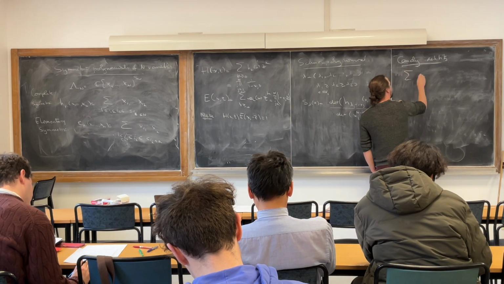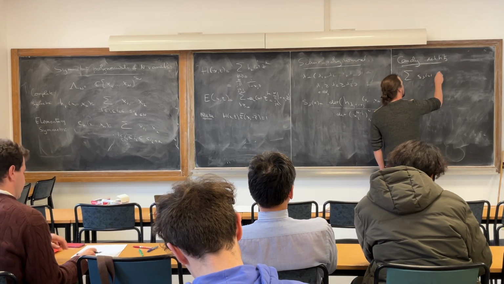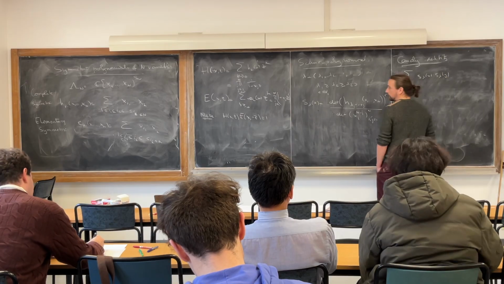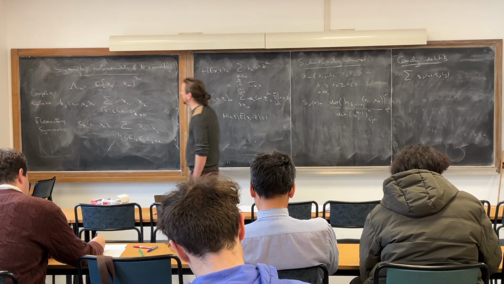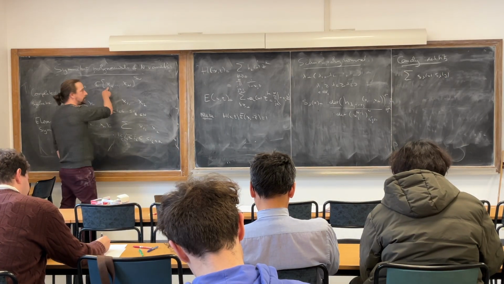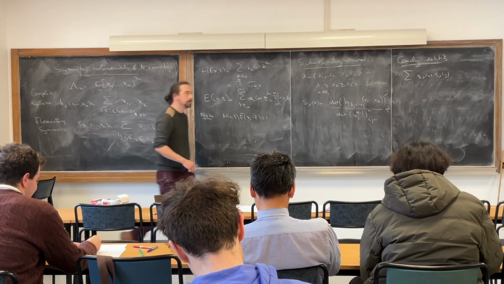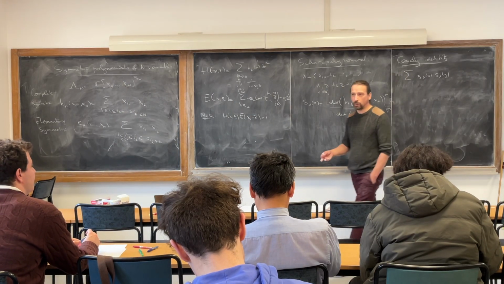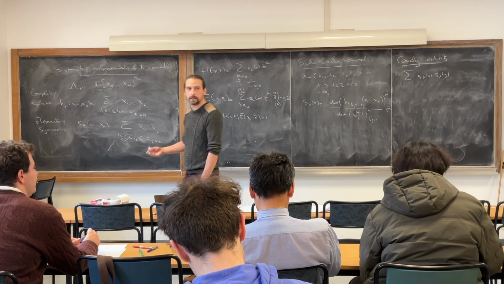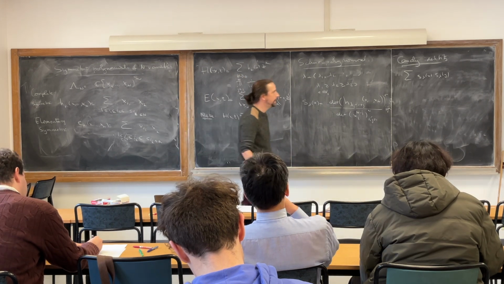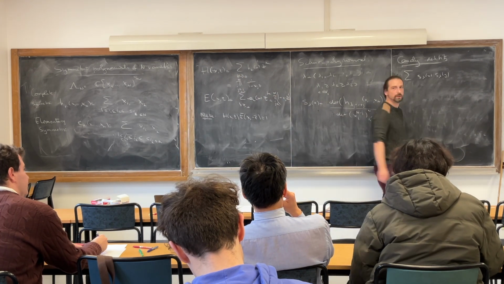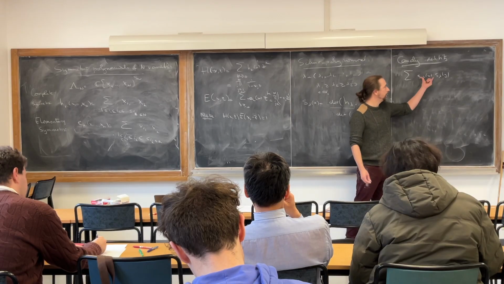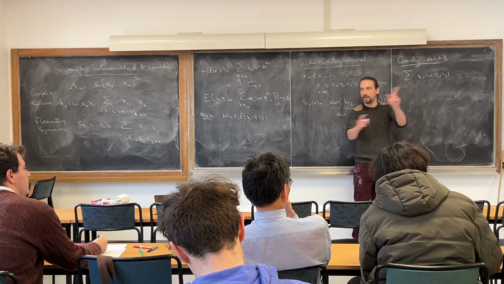It says the following: if I take s_lambda of x times s_lambda of y, where s_lambda has variables x_1 to x_N, and y is the same, y_1 to y_N, this is a product of two symmetric polynomials, symmetric in the x's and symmetric in the y's, and you cannot exchange x and y, of course.